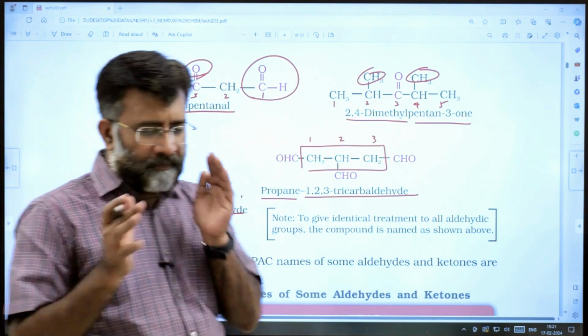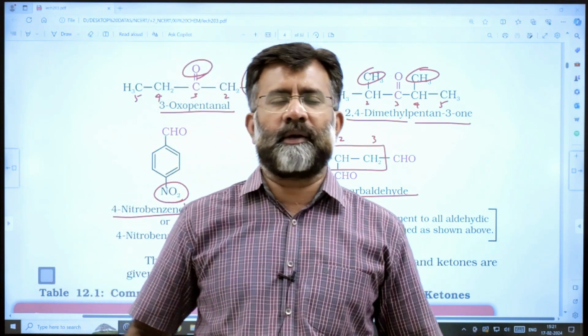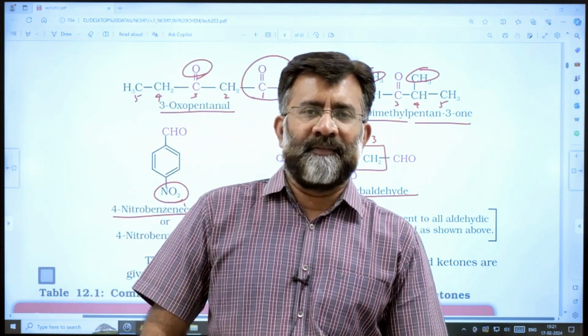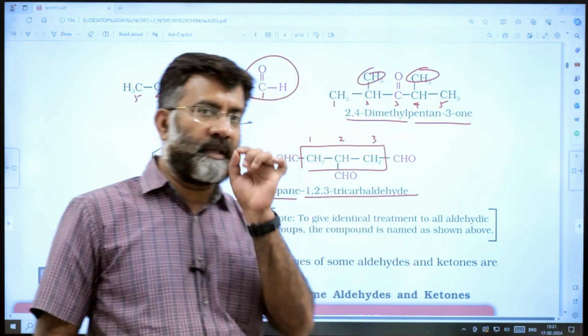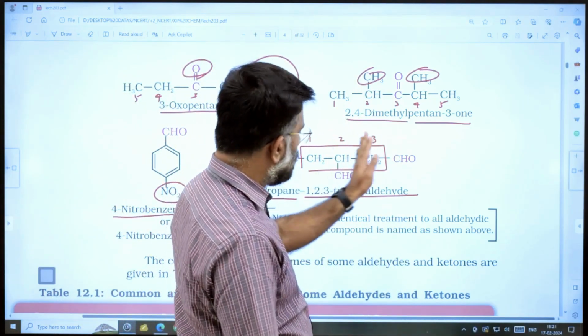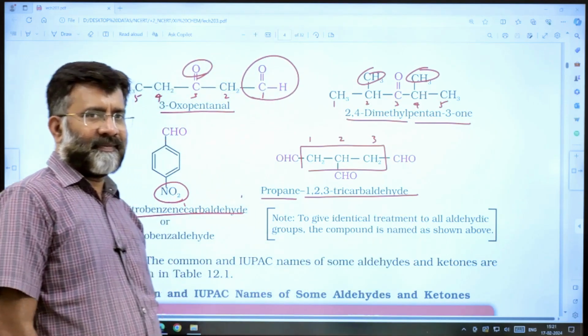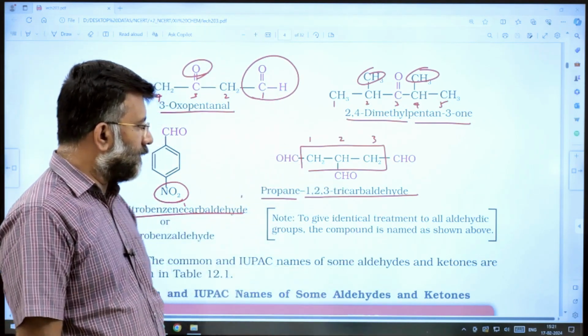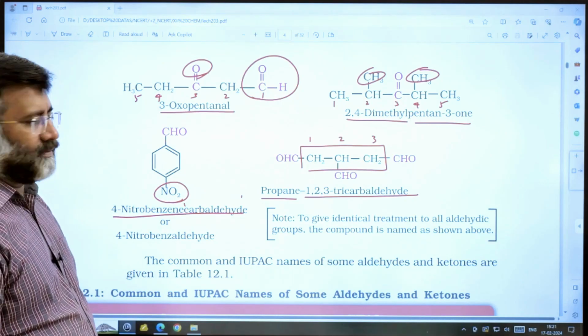So when a functional group repeats more than twice in a chain, you have to take the parent chain like that. Propane 1,2,3-tricarbaldehyde. Okay.